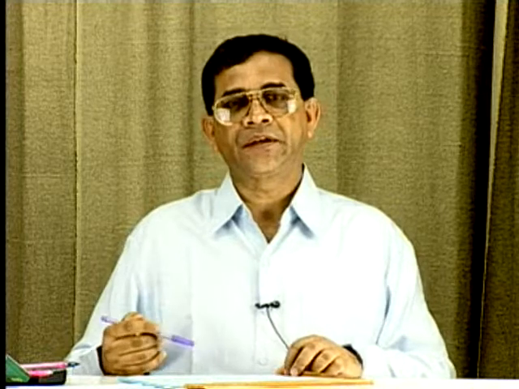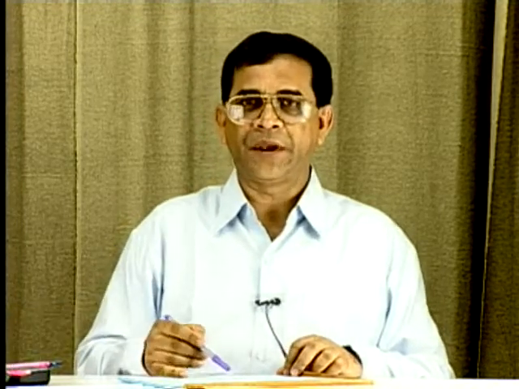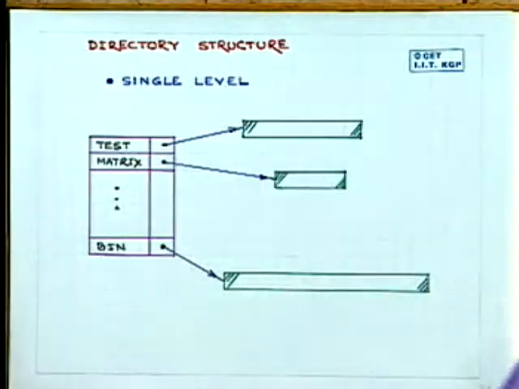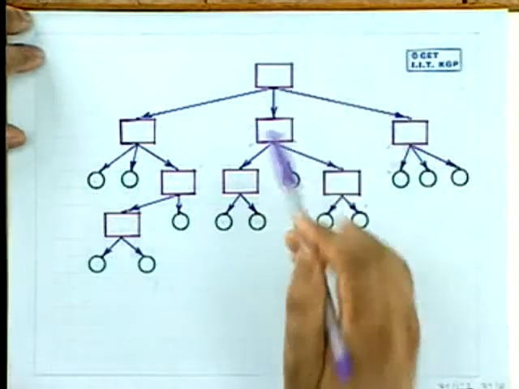Naturally, a single level directory structure has some limitations. What the limitations are will be apparent as we discuss, and come to what we call a tree directory structure.